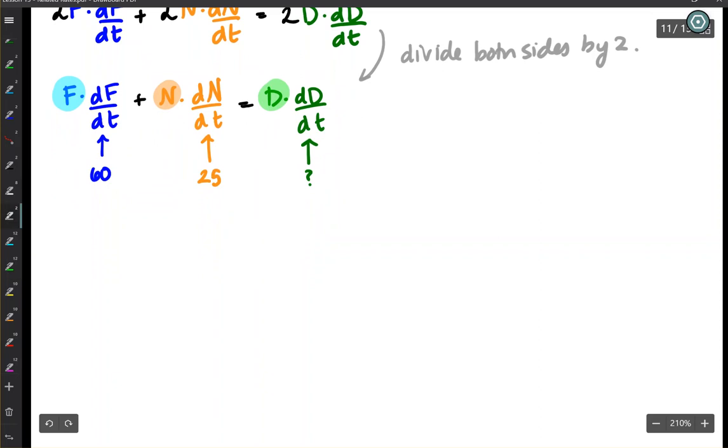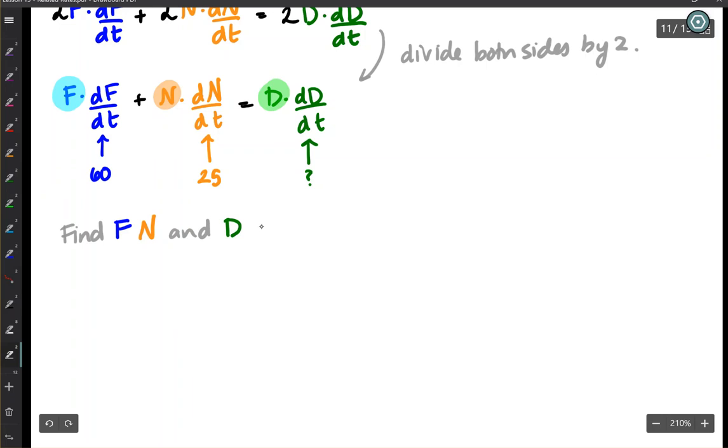So I'm just going to do my scratch right below. We want to find f, n, and d 2 hours after driving.